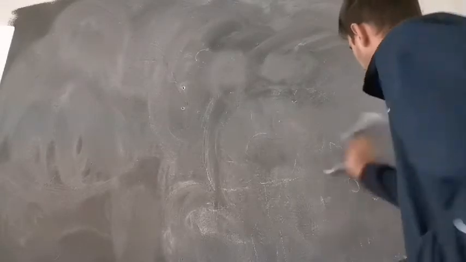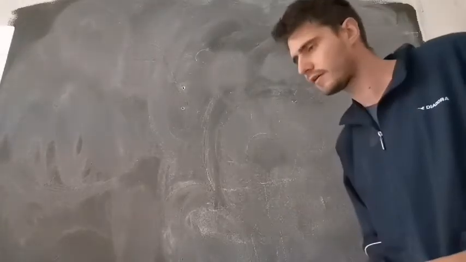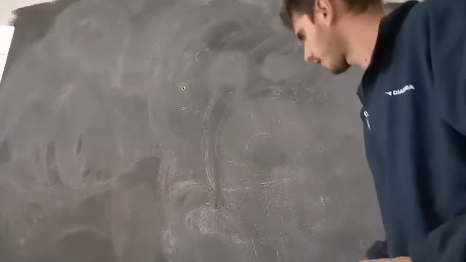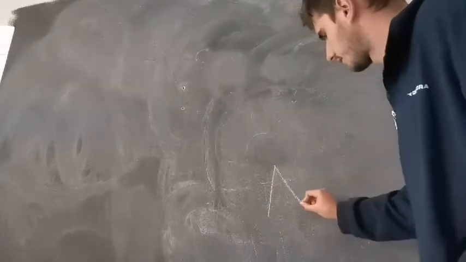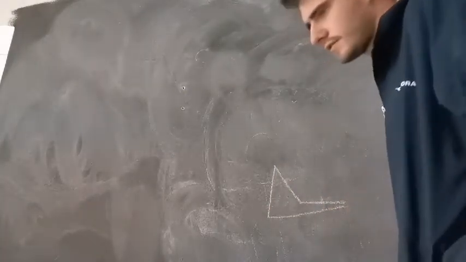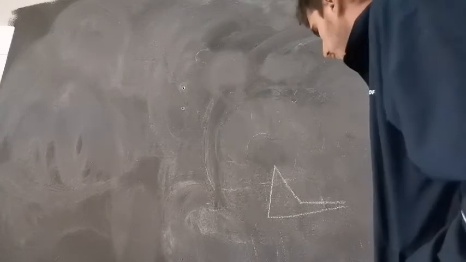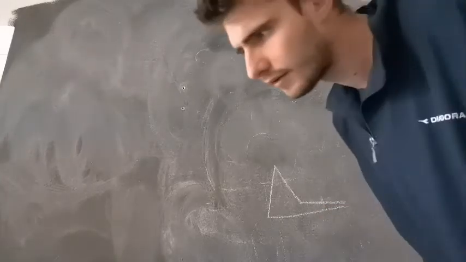So now, when we look at the properties of shapes, let me quickly use an example. Let's say we have this object here. This object has 4 straight sides.